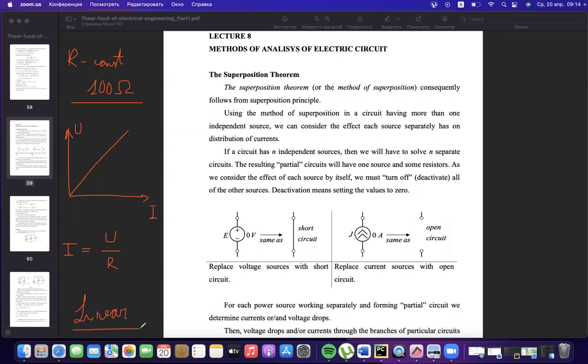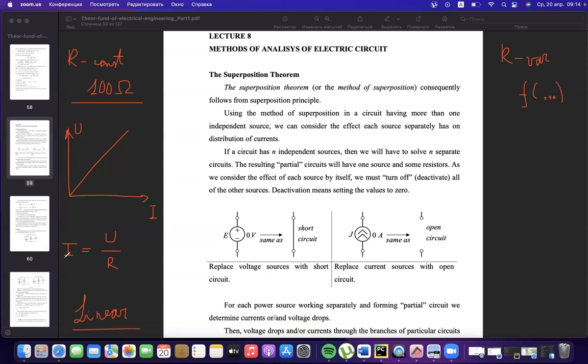And then if all elements are linear, you obtain a linear circle. In the other case, if your resistivity is a function, a variable, some function of temperature or current rate or any other argument, it could vary.